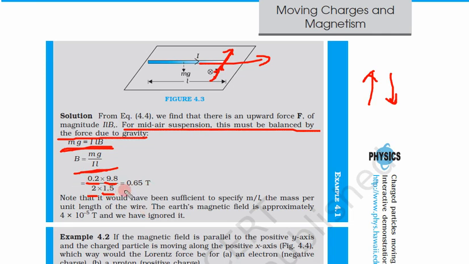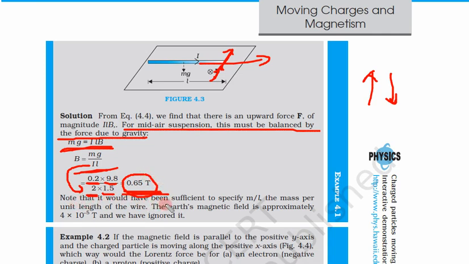So what is the magnetic field? 0.65 Tesla. So if we have a wire of mass 200 gram with current 2 ampere flowing and length 1.5 meter, we can keep it up in the air with a magnetic field of 0.65 Tesla.